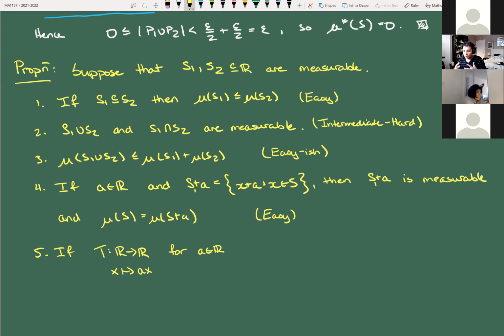Then what we would expect is that the measure should scale as well, right? So if I take an interval and I triple it, I scale it by 3 by multiplying everything by 3, then we expect the measure to increase by 3 as well.